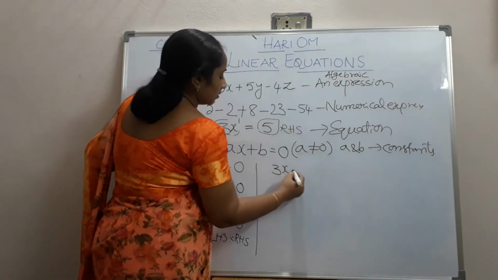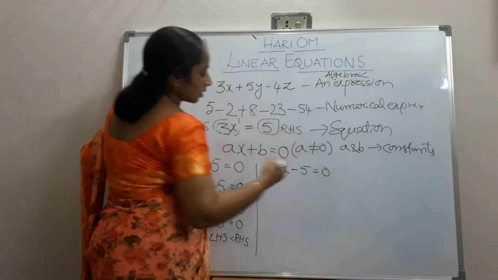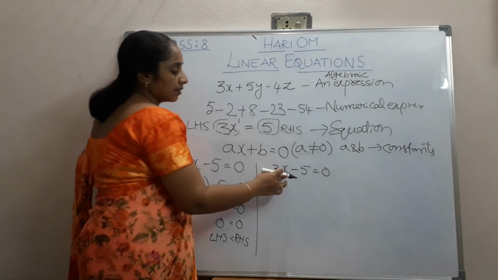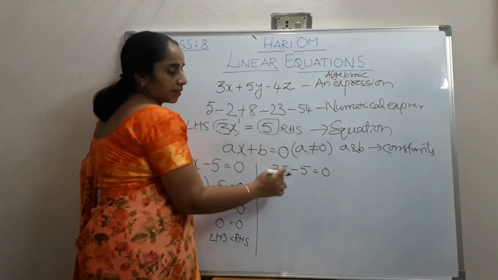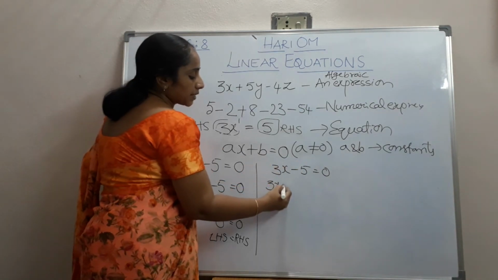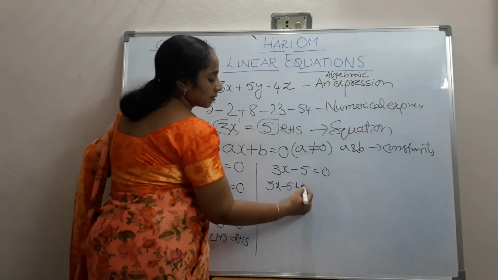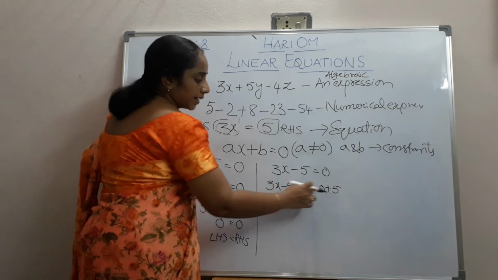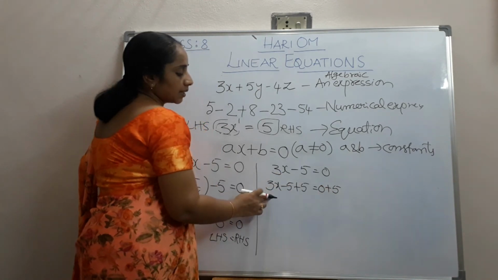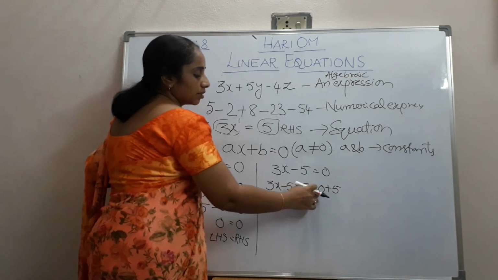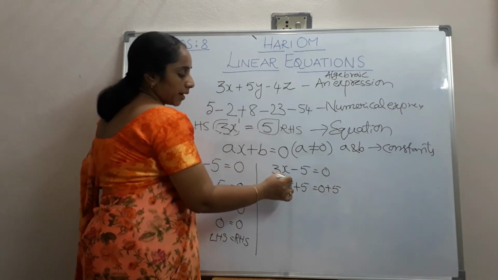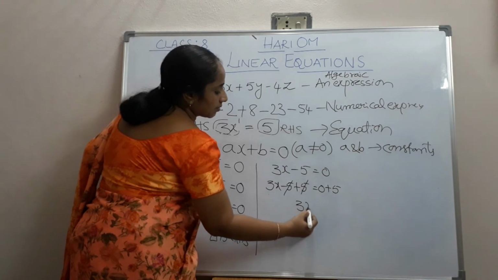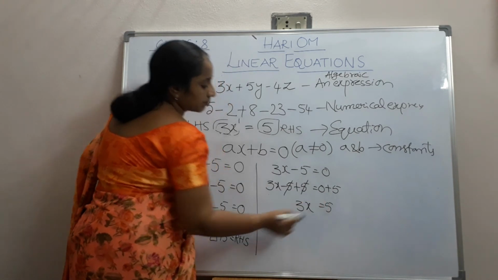In the second one, by adding and subtracting on both sides, see that here we have minus 5. By adding plus 5 on both sides, 3x minus 5 plus 5 equal to 0 plus 5. Here minus 5 plus 5 gets cancelled. So 3x is equal to 5.